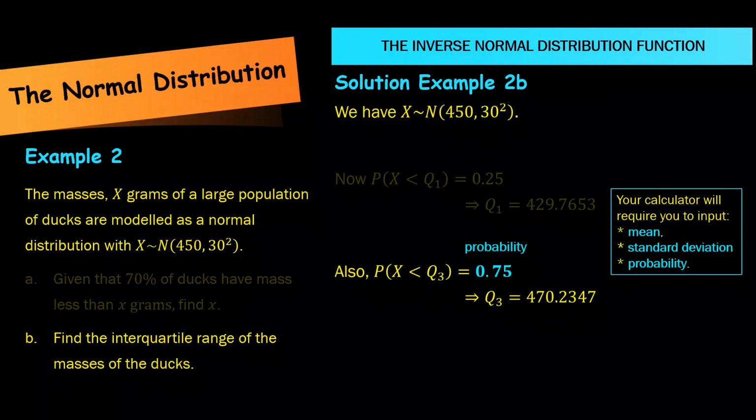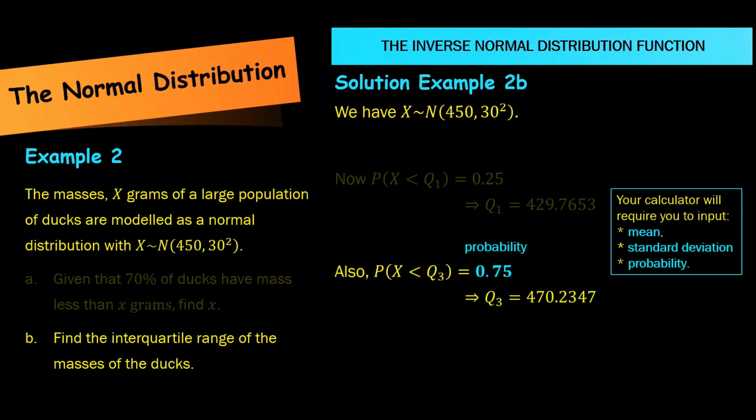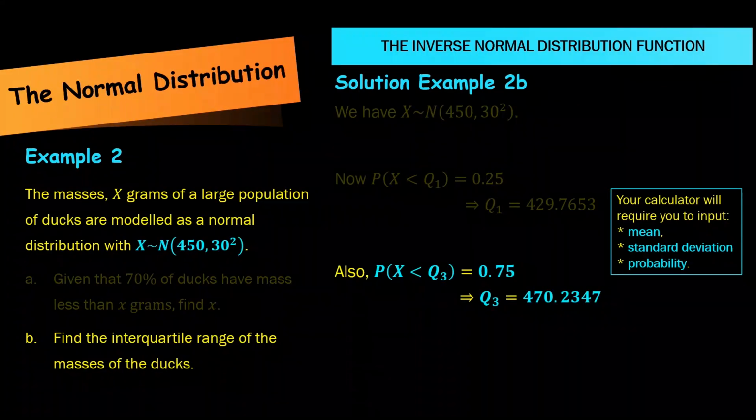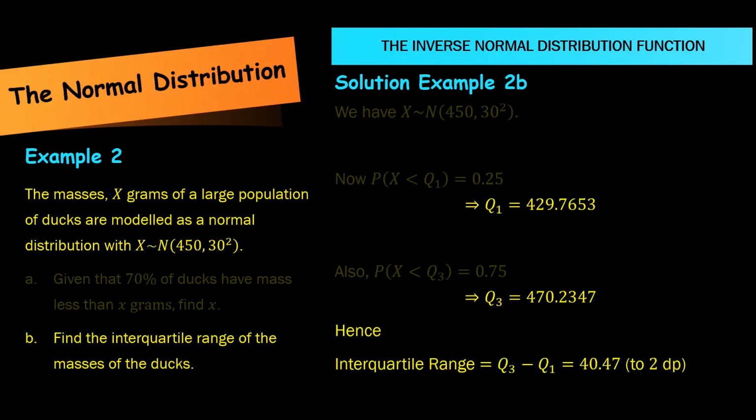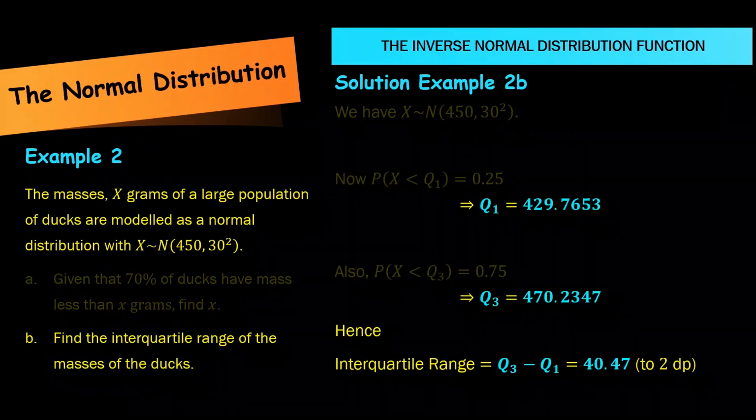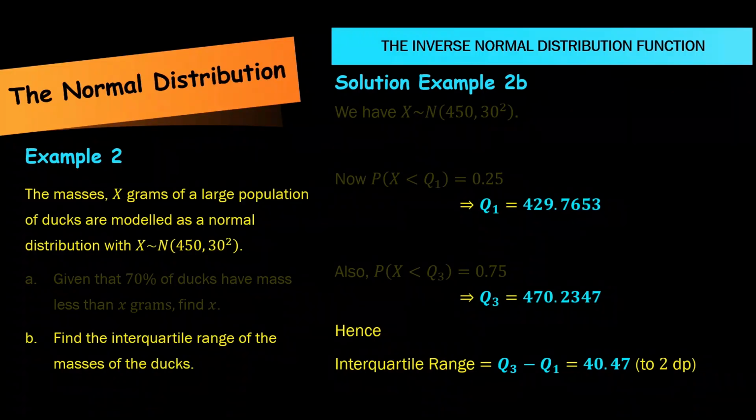And therefore, inputting all these into our calculator gives us that Q3 equals 470.2347. Now that we have the values of Q1 and Q3, we can find the interquartile range, and the interquartile range equals Q3 minus Q1, which equals 40.47.